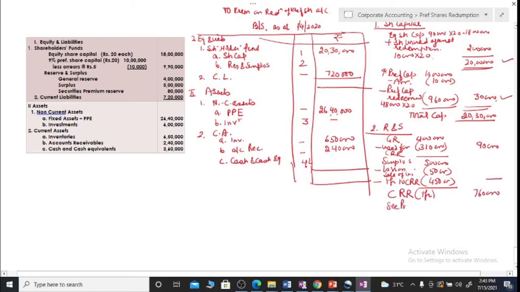Then you have securities premium. Securities premium was 80,000 plus premium on fresh issue, that was 40,000. Okay, 1,20,000. Yes, premium used for redemption. So for redemption you used 98,000. Okay, so you are left with, how much premium have we used? Just a minute, let me just check.